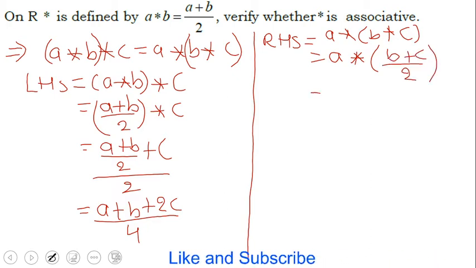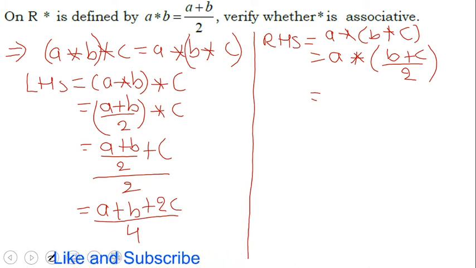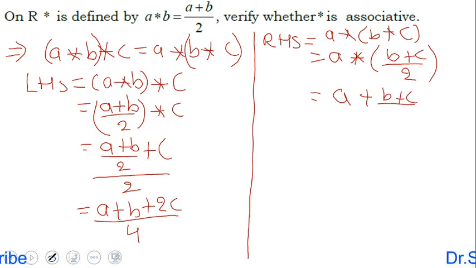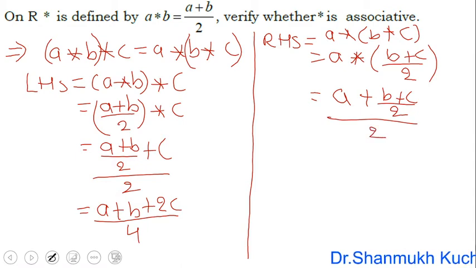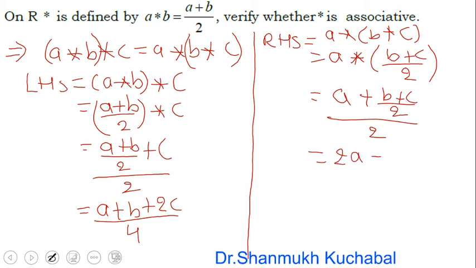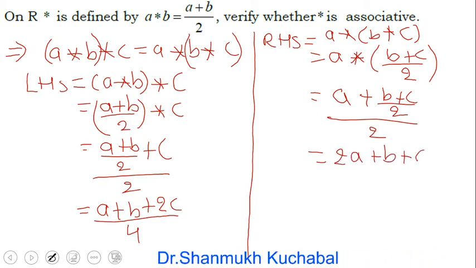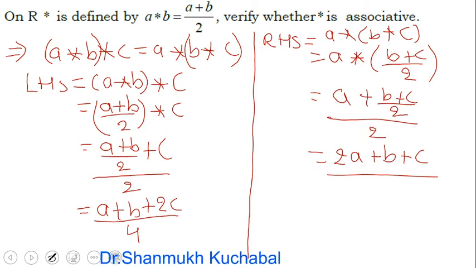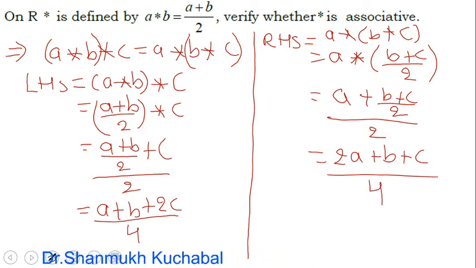Once again we have to use the star operation. Both quantities we have to add, divided by 2. So a is the first quantity, second quantity is (b plus c) divided by 2. Add it, whole divided by 2. Further we'll take the LCM. So we get (2a plus b plus c) divided by LCM 2 into 2, we are going to get 4. So this is our RHS.